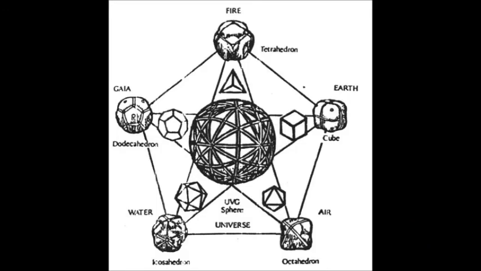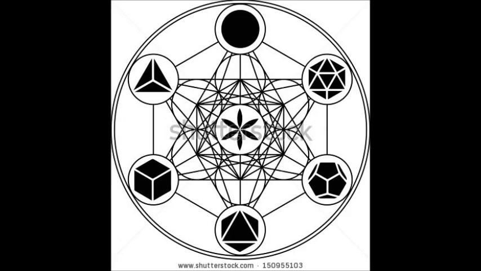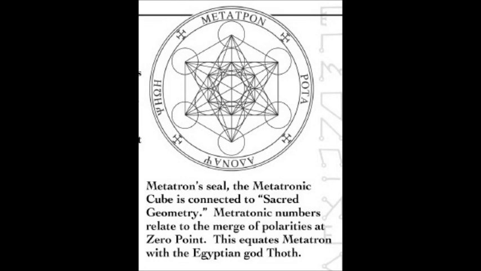And then here's the platonic solids around a pentagram, and then Metatron's cube with the flower of life in the middle. And then here's Metatron. As you can see, the star tetrahedron projects as a cube onto a surface from its shadow.